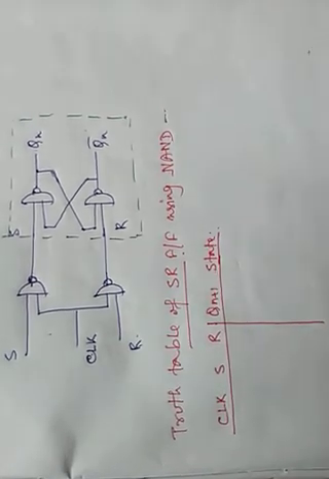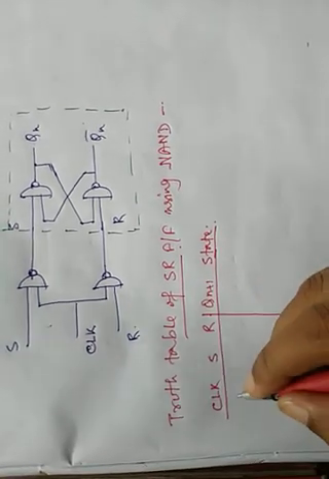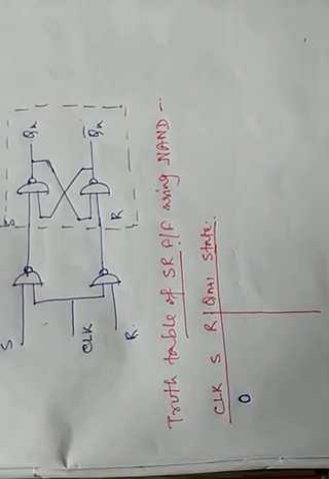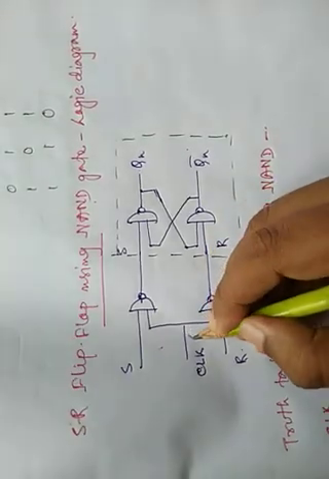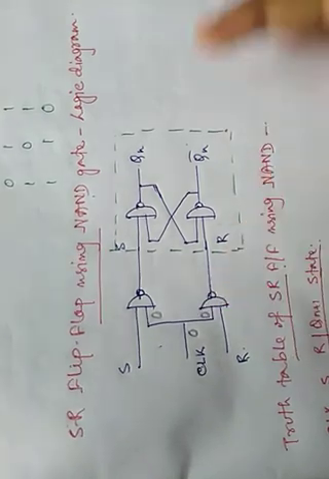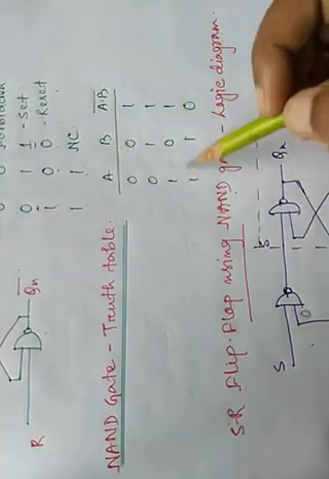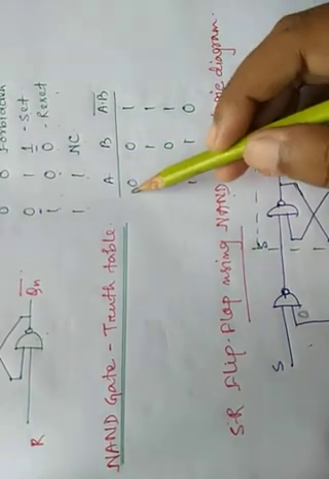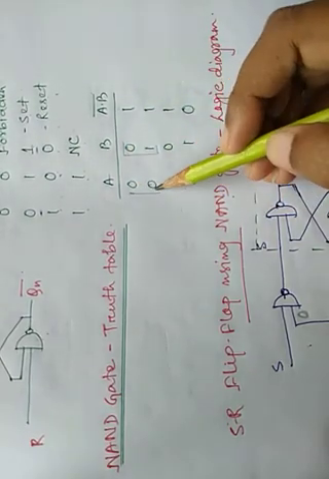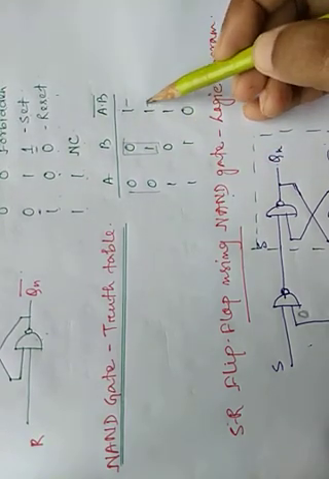Okay, so our first case is whenever the clock is 0. Clear? Let us see what will happen when the clock is 0. Clock is 0 means one input signal of this NAND gate is 0. Now this is the truth table of the NAND gate, I have already written here. Whatever the other input signal is, when one input signal is 0, the output is always 1.